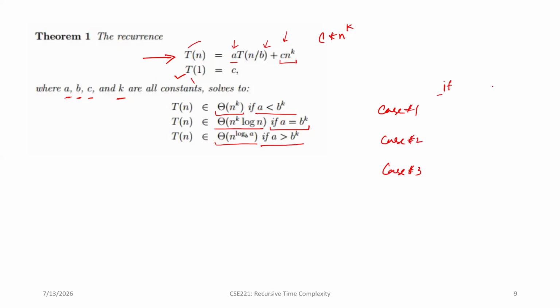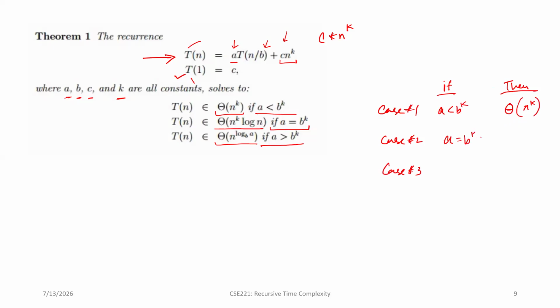If that, then that. If A less than B to the K, then time complexity is theta of n to the K. We all know what theta means in asymptotic notations, the tight bound time complexity.